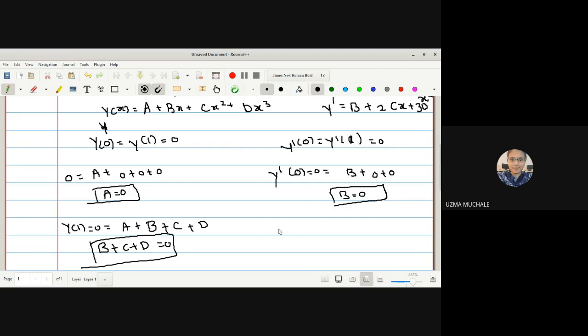Let us go for the next. Y dash of 1 is equal to 0, which means B plus 2C plus 3D x square, x is 1. Right? If B is equal to 0, we get 2C plus 3D equal to 0.